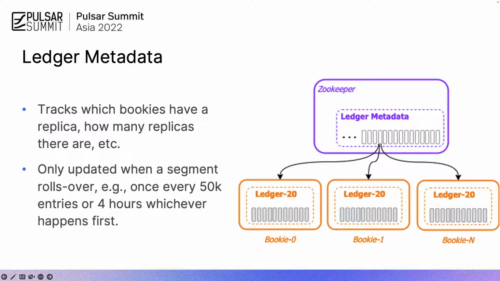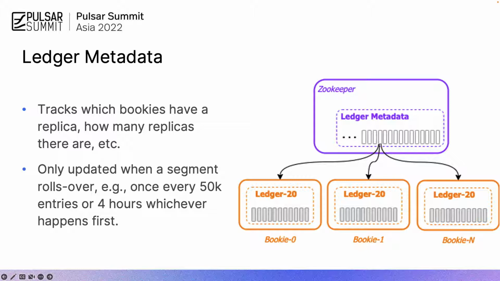The other pointer-to-data piece of metadata is called the ledger metadata, and it's used by BookKeeper itself to maintain information about where each individual ledger is stored inside BookKeeper. This allows us to route a read request from Pulsar to the correct bookie when a Pulsar client is trying to consume topic data.